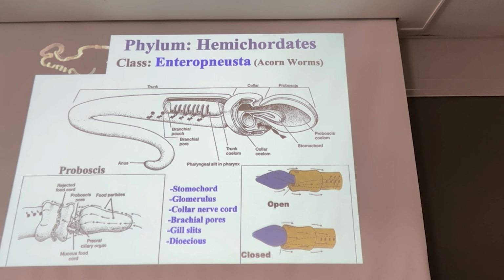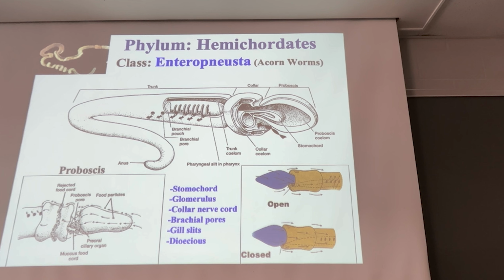So they have at least two of the features of a chordate. They also have an anus, but the anus is typically at the end of the worm, so they don't really have a post-anal tail. But they have several other features that are very chordate-like.